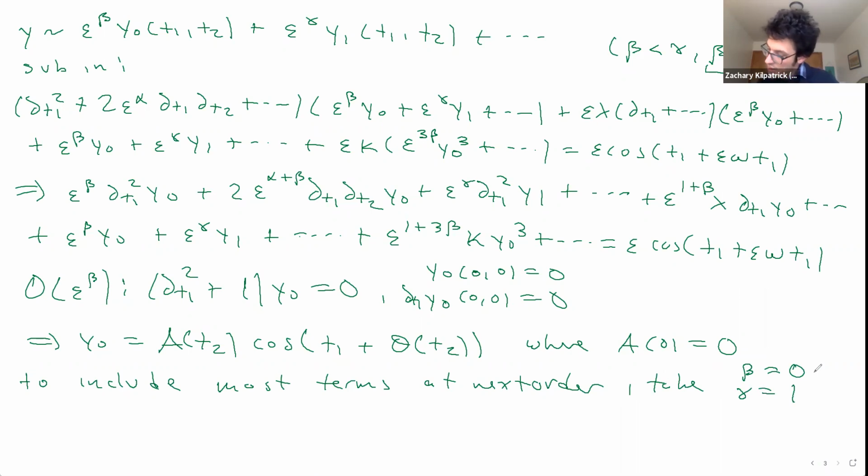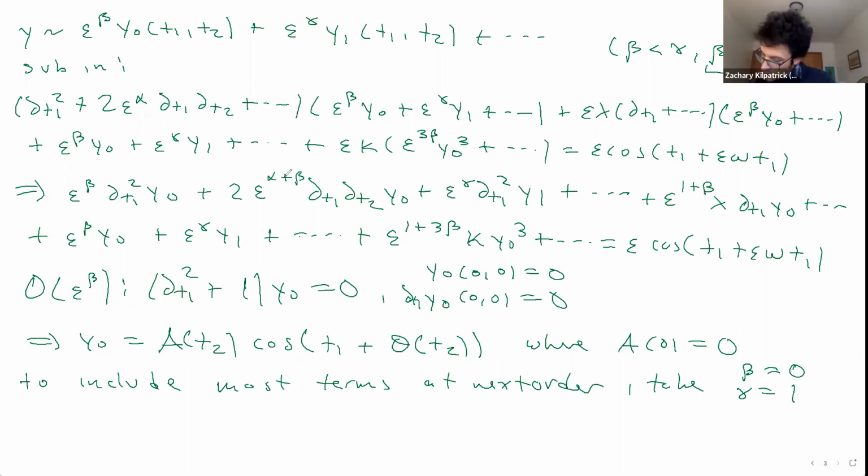And then to assist in secular cancellation here, we want to include this term as well, okay? So remember, this term cropped up in our other method of multiple scales problems and secular term cancellations. If we want to include that at next order, we should set alpha equal to 1.